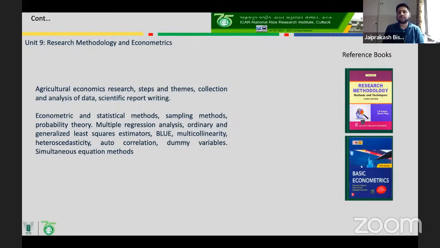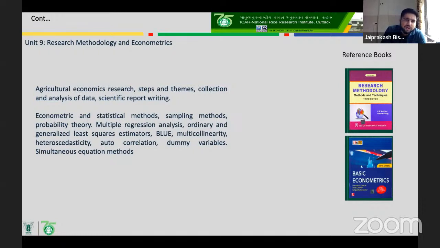And for research methodology, this C.R. Kothari and Gaurav Garg is a wonderful book, very easy to understand, but it may not be very useful because the weightage given to this research methodology portion is very less in the ARS examination. But you should know some basic things, like what are the basic steps required to conduct a research, to conduct an investigation.